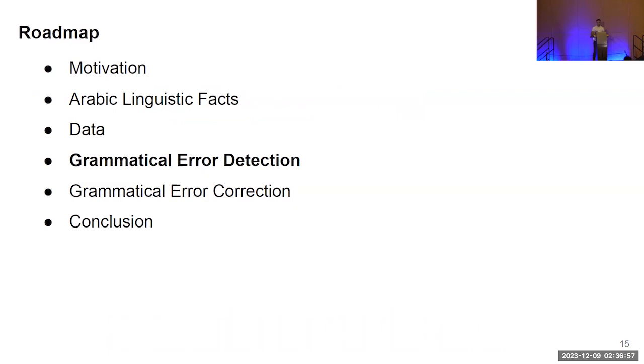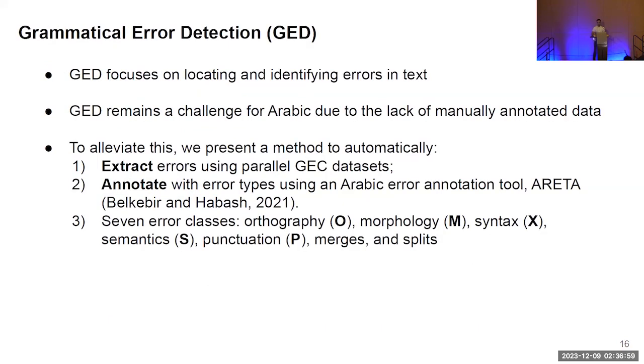Now, starting off with grammatical error detection. The task of GED really focuses on locating and identifying specific error types in a given text. But GED remains a challenge in Arabic due to the lack of manually annotated data.